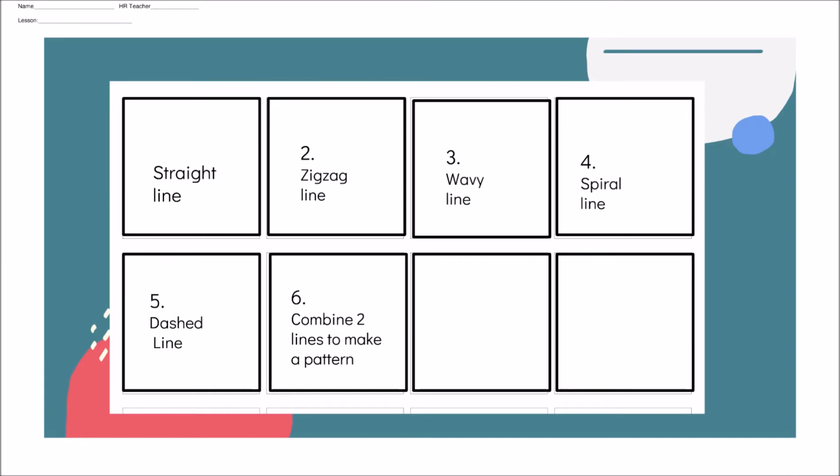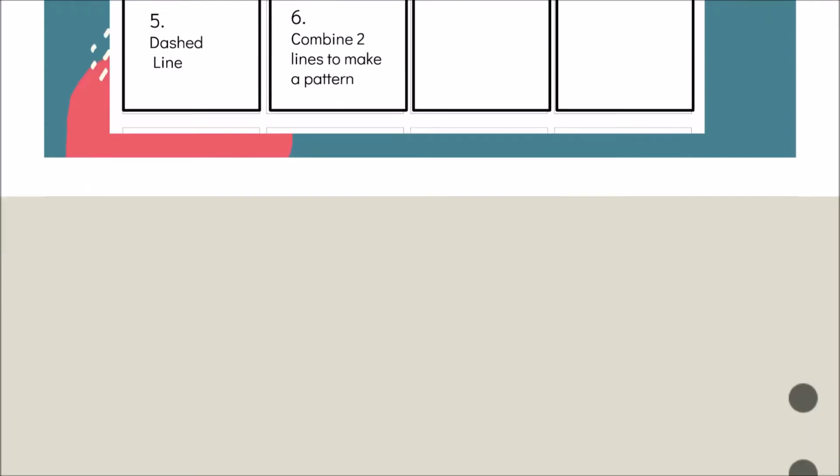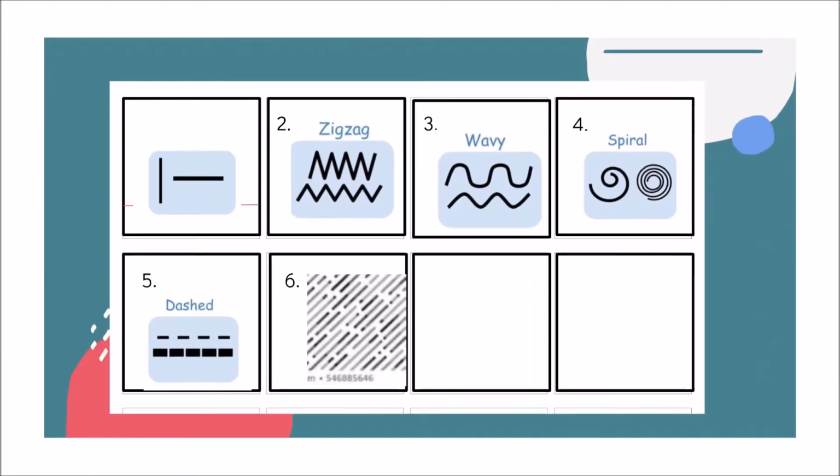All right, let's see how we did. Did you have something in your boxes that looked like this? Straight line, it could be vertical or horizontal. Number 1 box, number 2, zigzag lines are sharp and pointed at the top and have diagonal types of lines that are angled.